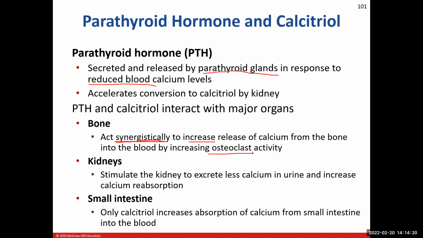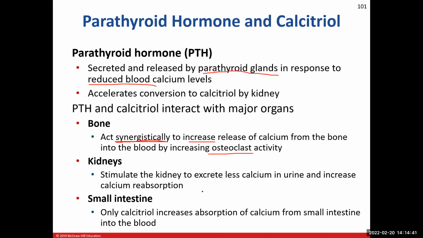We know that those cells are going to resorb and break down the bone. And in that process of resorbing and breaking down the bone, they release phosphate and calcium into the blood. So in the bone, PTH and calcitriol act synergistically with one another.